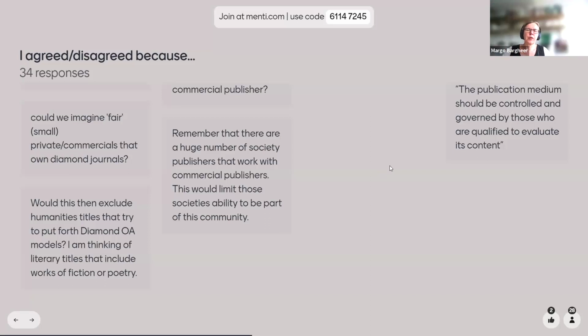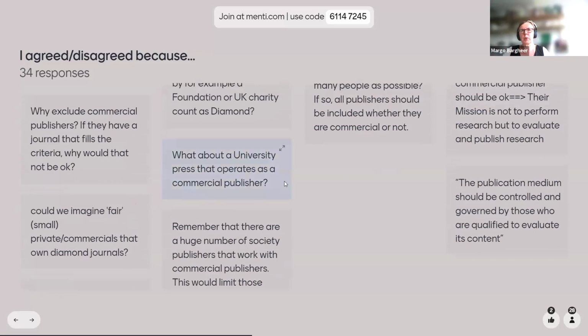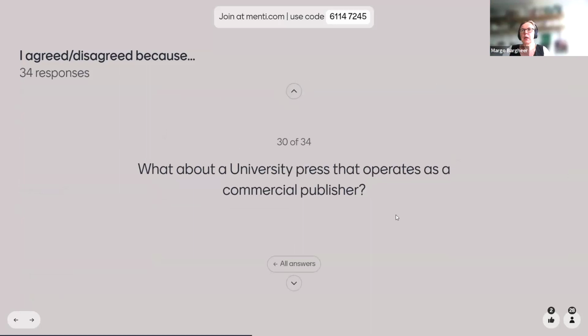To the comment of yes, that some university presses act like commercial publishers. Yeah. That is definitely one of the cases where it becomes difficult. Yeah, we could have said, we rule out all UK-based university presses because then we don't have a problem, but that definitely won't be working, because we have a continuum of university presses. Some are small, some are bringing a huge profit to their university. That's just a very small number.